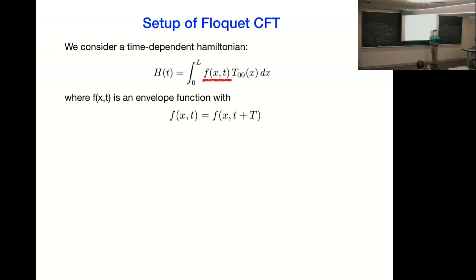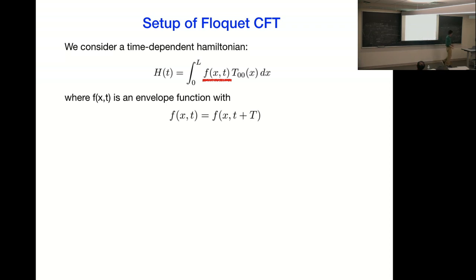For the Floquet case, it simply means this function has a period in time t. Similarly, if you consider quasi-periodic or random driving, you simply modify how this function depends on time.